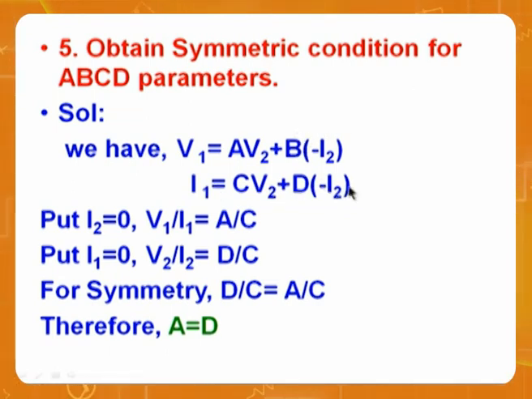Put I2 = 0, get V1 by I1, which is nothing but A by C. Put I1 = 0, and this is D by C. Therefore A by C equals D by C, C cancels, so A is equal to D. This is the symmetric condition for ABCD parameters.